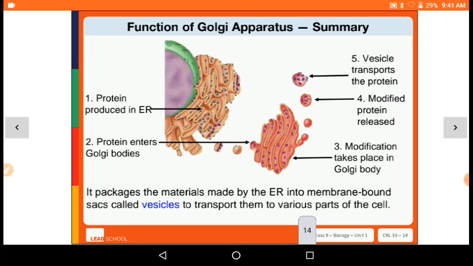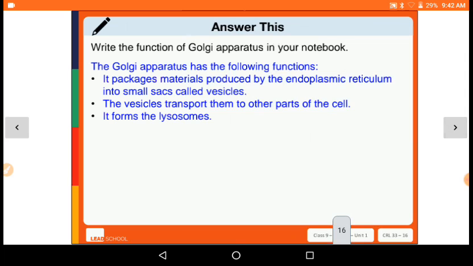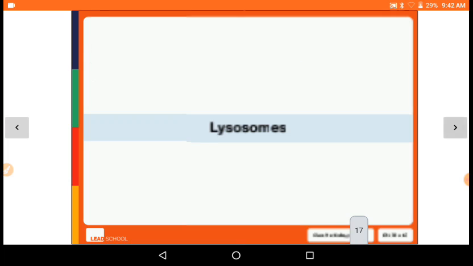So it packages the material made by ER into membrane bound sacs called vesicles to transport them to the various parts of the cell. So what is the function of Golgi apparatus in the notebook? It packages materials produced by the endoplasmic reticulum into sacs called vesicles, and these vesicles transport them to the other parts of the cell, and it will form lysosomes.